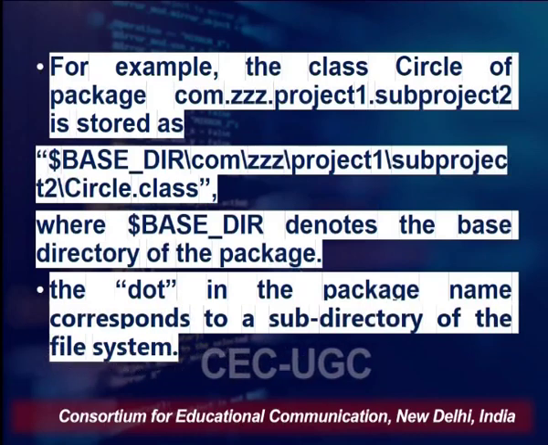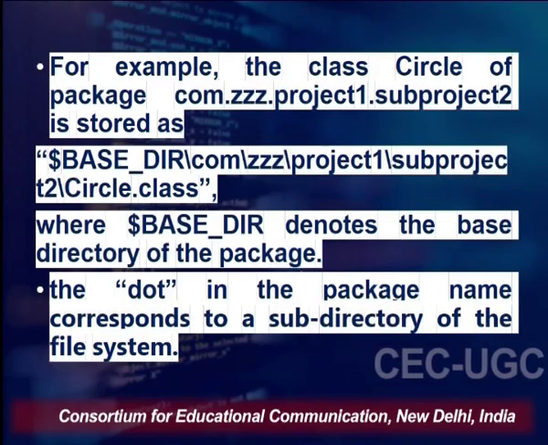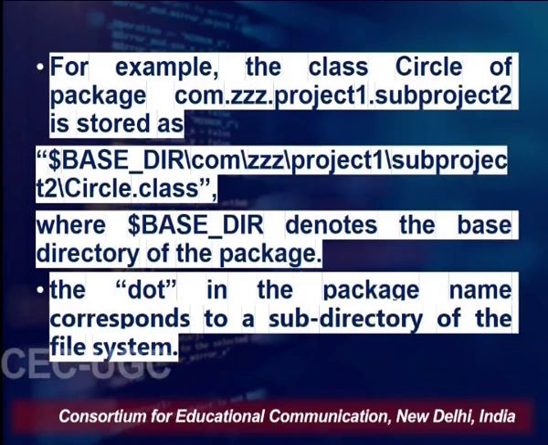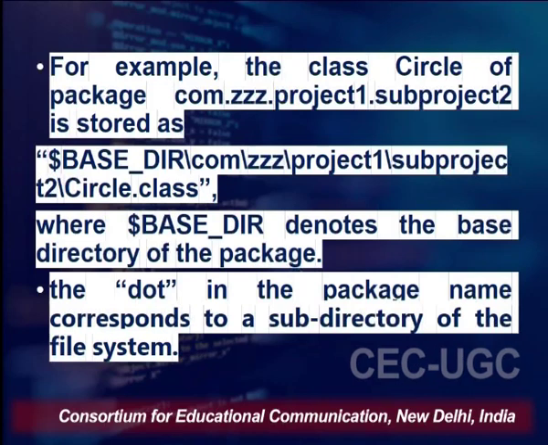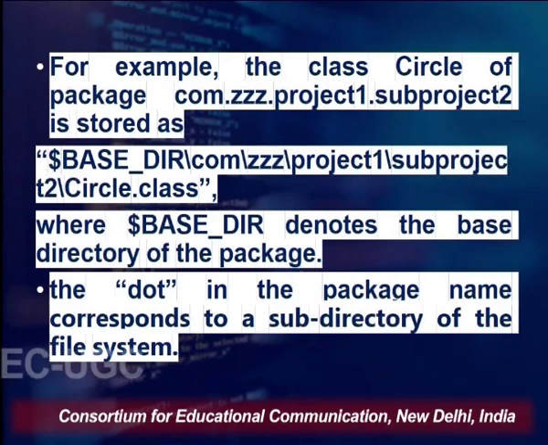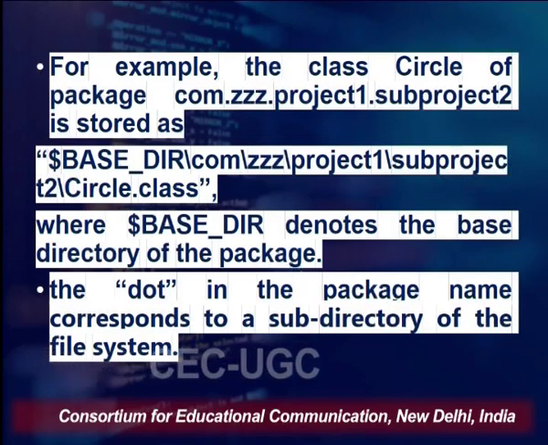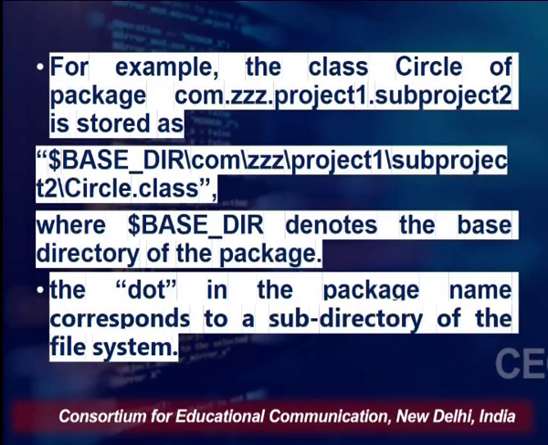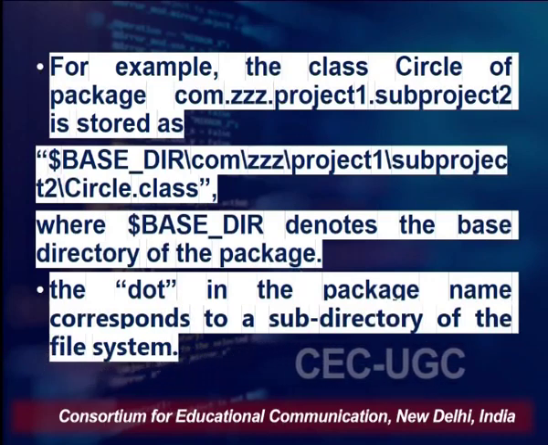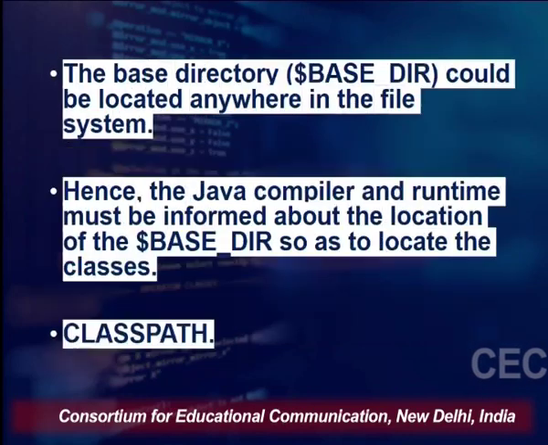And when we talk about the similar level of package, it will be named com.zzz.project1.subproject2. So, this is the analogy, where the base directory denotes the base directory of the package, and the dot in the whole package path corresponds to the subdirectory of the file system.